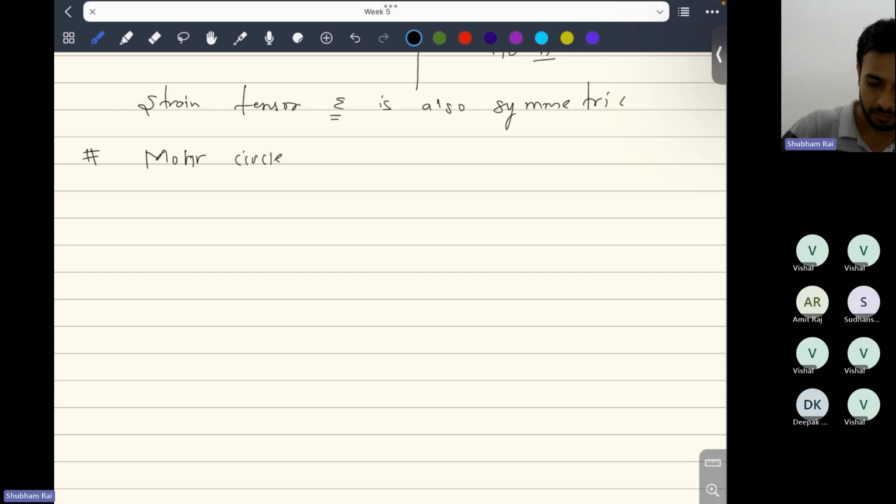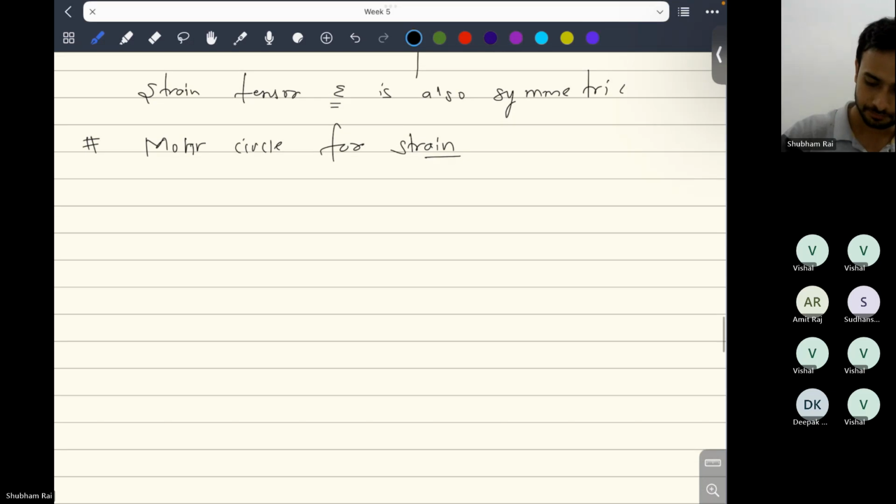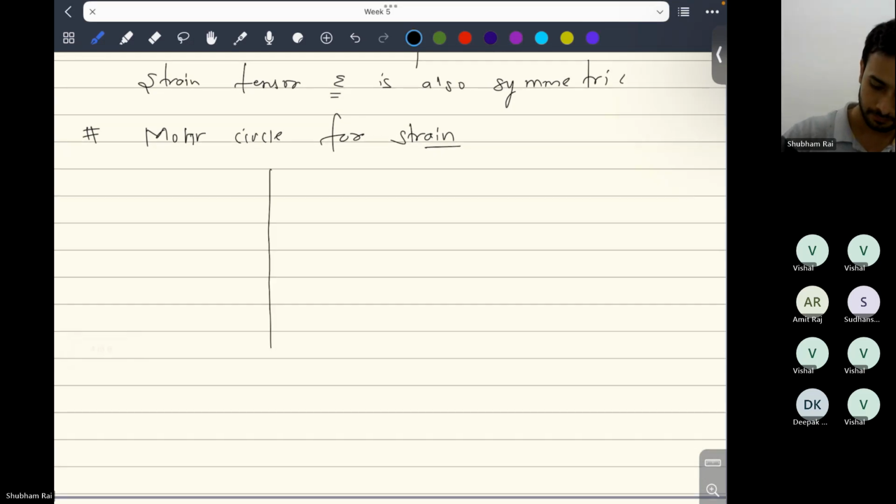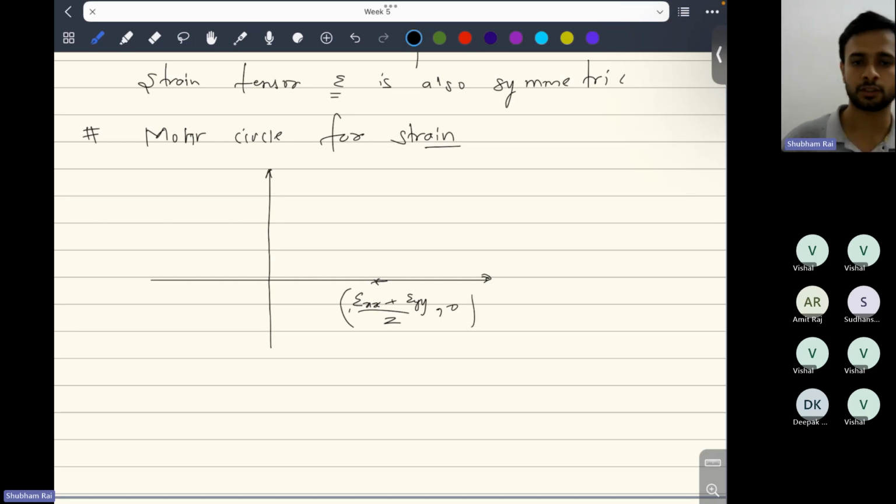To draw it, the center will be given by epsilon xx plus epsilon yy divided by 2, comma 0. So this is the center of the Mohr circle that you get.